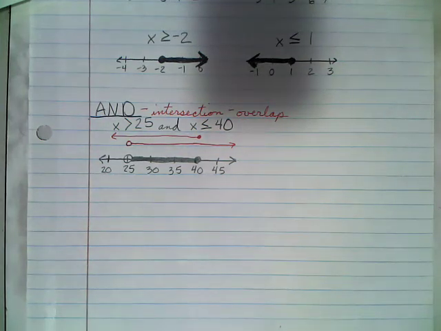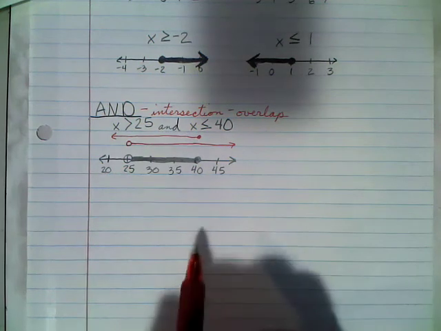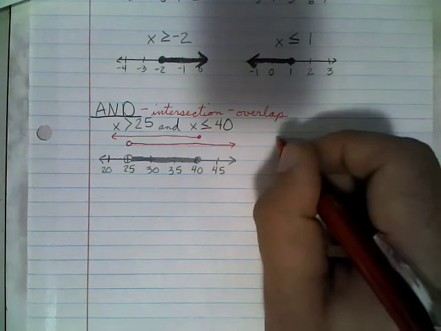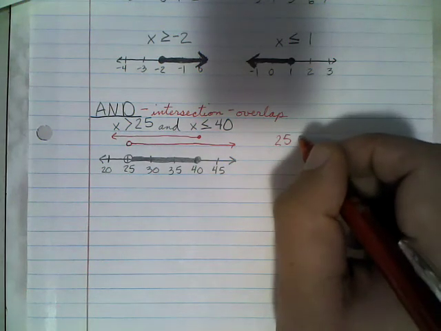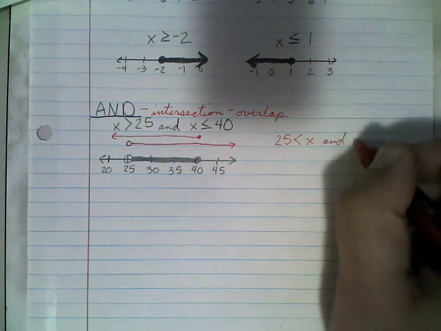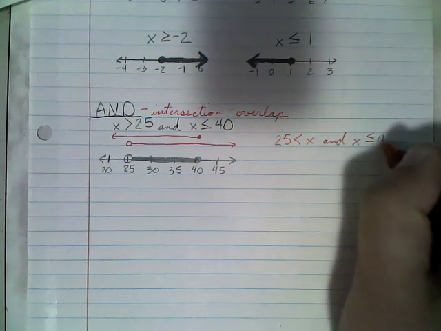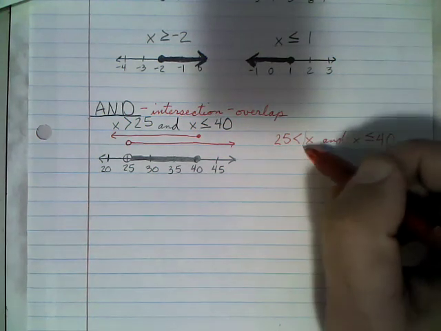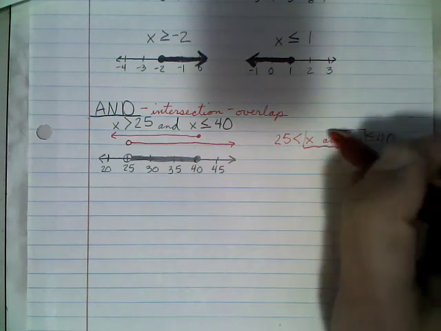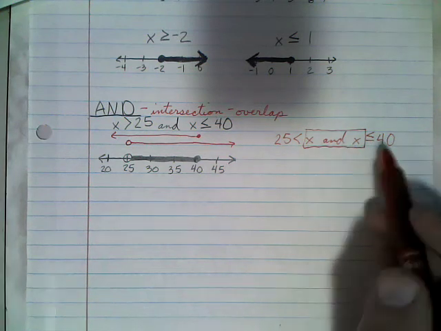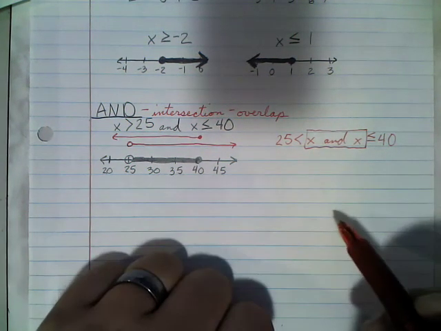Now, with an and, I can do a little extra with this. If we were to flip this around, we'd end up with 25 is less than x, and x is less than or equal to 40. So when you find yourself in a situation like this, where you can reword this with an and, so that the x's are both in the middle, we can take this and slide it together.